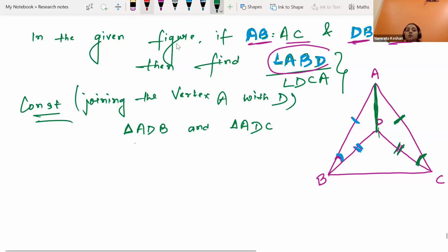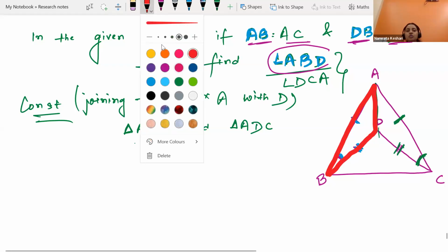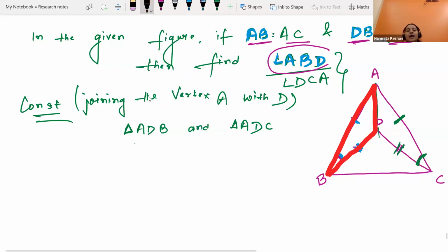Is it possible to use the information which we have in hand and find whatever we are supposed to find by taking these two triangles?